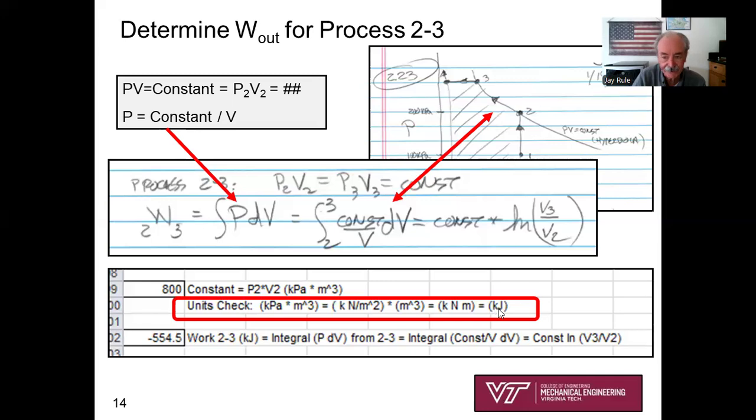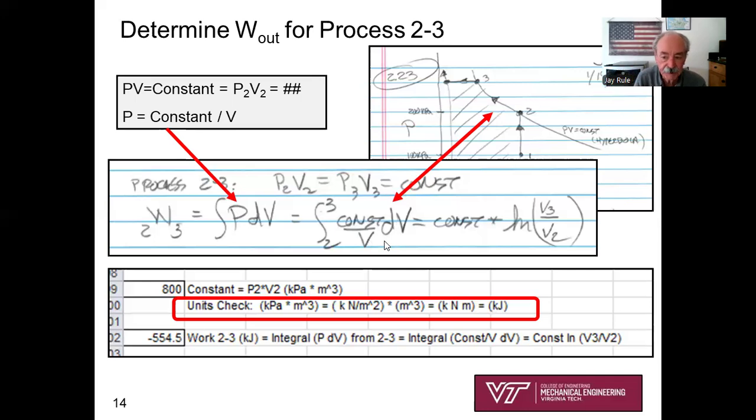Now that's going to be handy. That's working out for me because let's go back and look at the math. The constant, I pull out of the integral. I've got to integrate dV divided by V, or V to the minus 1 dV. I remember this from high school, and you're going to need this in this class.